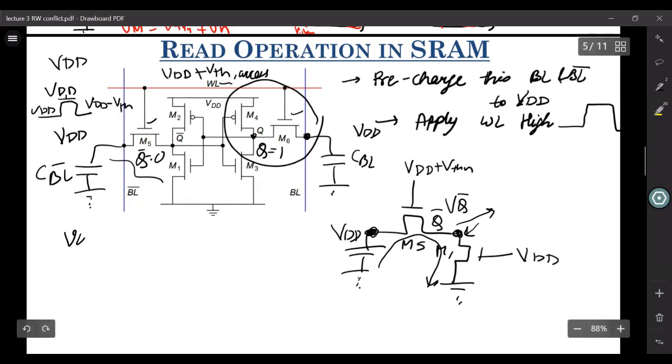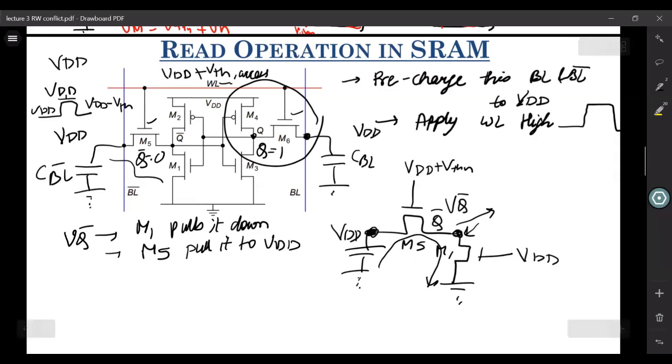So for this VQ bar, M1 tries to pull it down, while your M5 tries to pull it to VDD. So the final voltage of VQ bar will depend upon the relative strengths of M1 and M5.